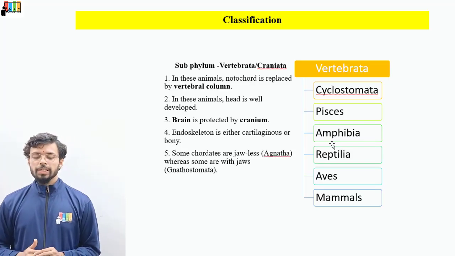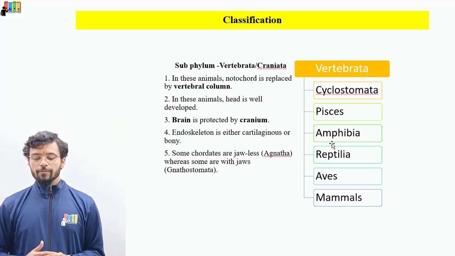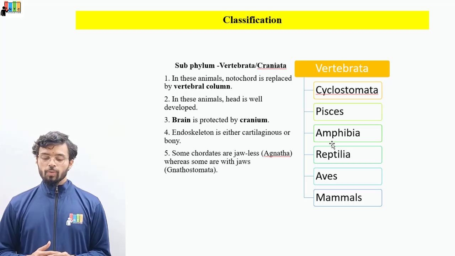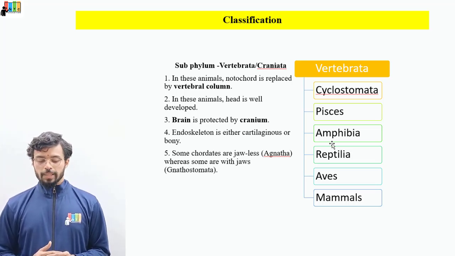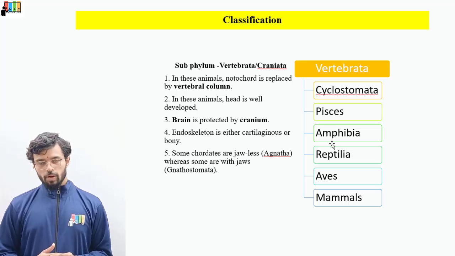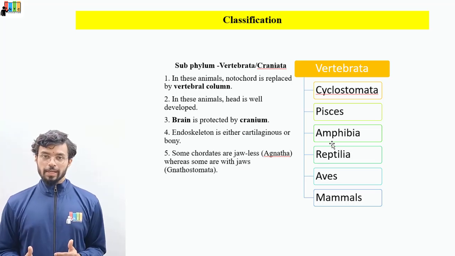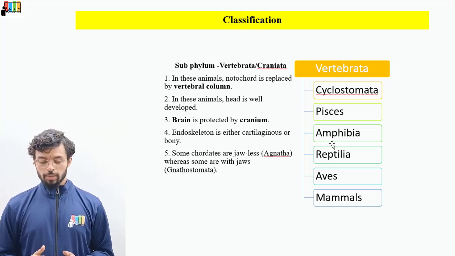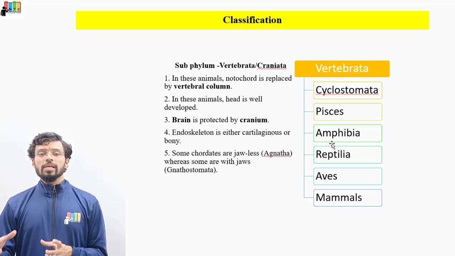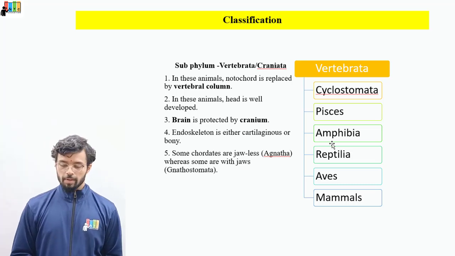Then coming to the other subphylum of vertebrates or craniata, they are further divided into six classes, right? So what is so special about them? They have the notochord, which is replaced by a vertebral column, or in simple words, spine. All of us have got a spine, right? So that is your vertebral column. Then these animals are comparatively evolved in terms of their thinking abilities. So we say that the head is well developed.